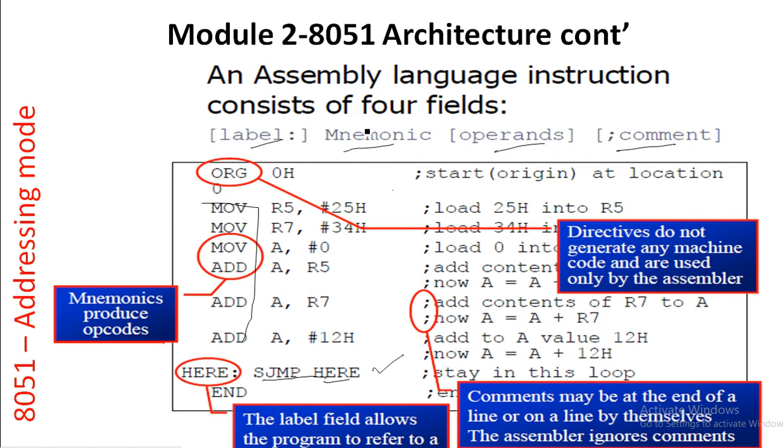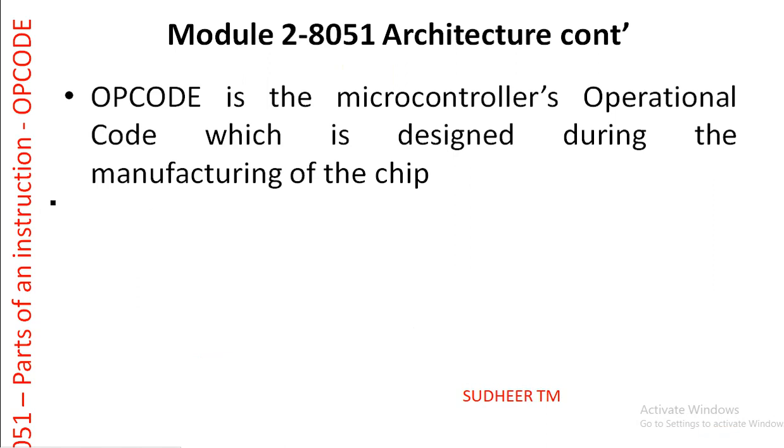Let us see what mnemonics and operands are. The mnemonics part is called the opcode. Opcode is the microcontroller's operational code, which is designed during the manufacturing of the chip. For the 8051 microcontroller, we have a set of instructions. Each instruction mainly has 2 parts.